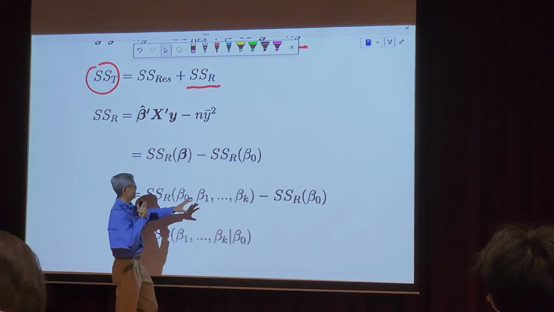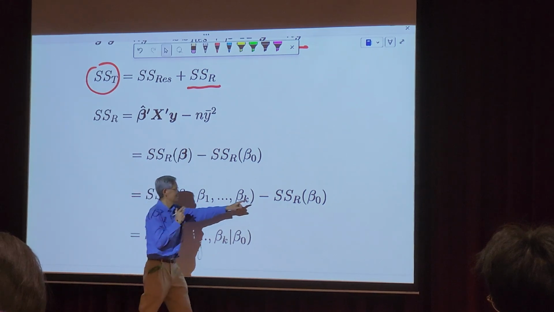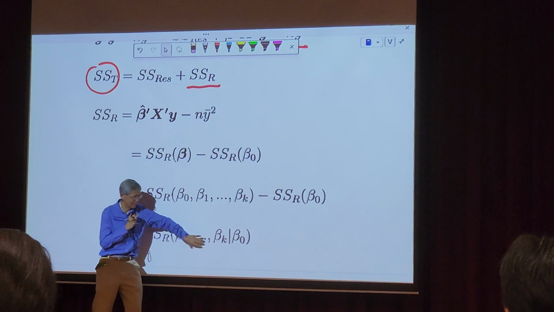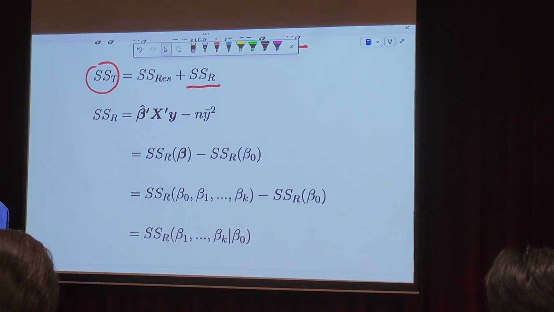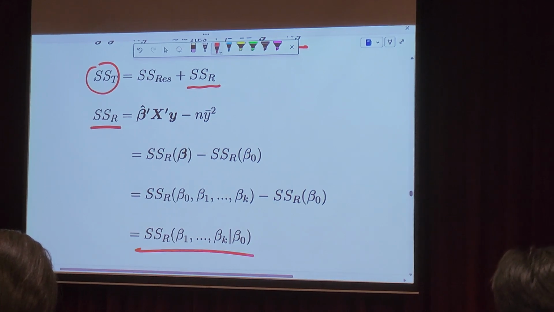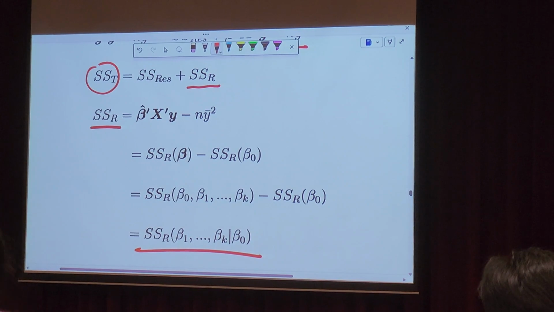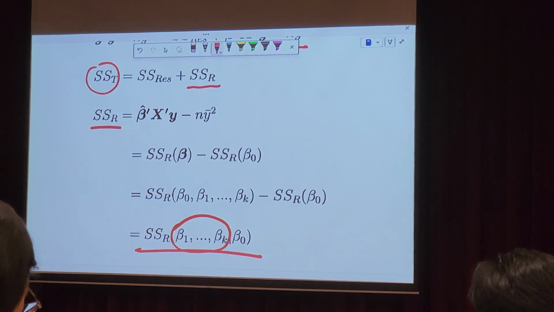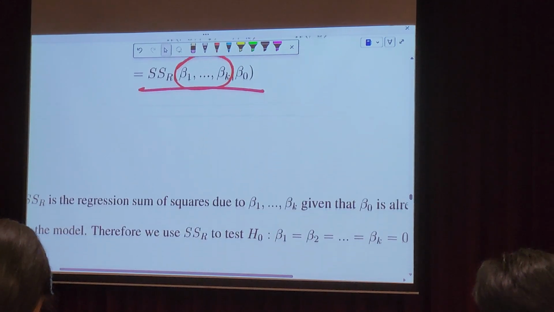So we really got to get rid of this by subtracting SSR beta naught from it, and then test this. So this SSR is this. It allows you to test for the contribution of beta 1, beta 2, up to beta k. You got that?